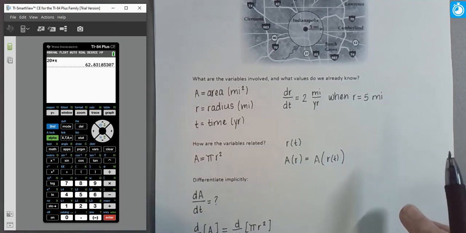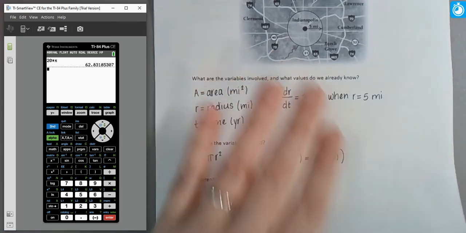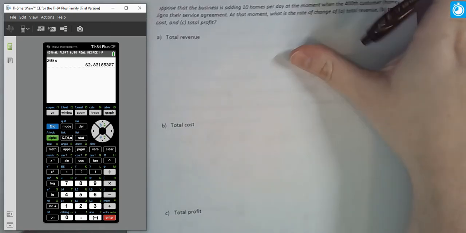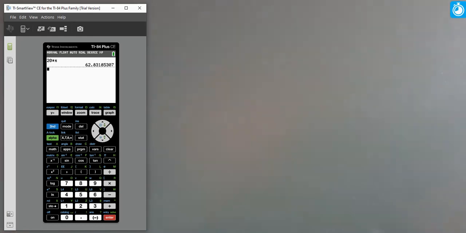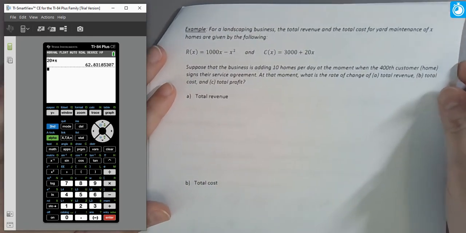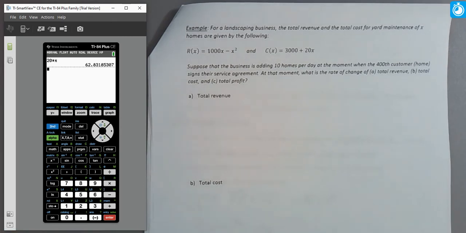So let's try one more example. So this would involve a geometric situation. Let's look at a situation, also business related, but a little bit more general, not necessarily related to geometry. Okay, so for a landscaping business, the total revenue and the total cost for yard maintenance of X homes are given by the following.